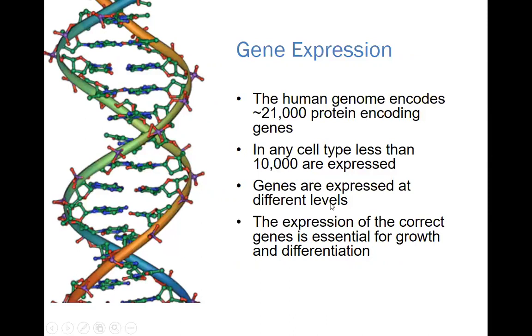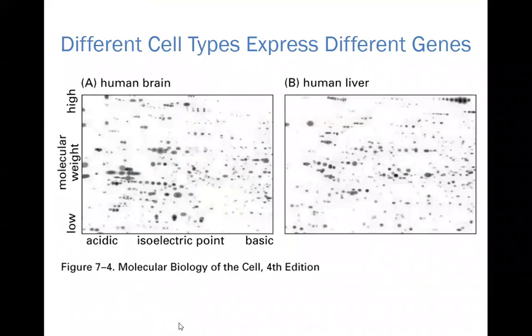So in humans, we have 21,000 protein coding genes, but we usually have less than 10,000 expressed. And this is a two-dimensional gel of proteins from the same human, but from different tissues. How those 2D gels work is we extract all the proteins from the cells, in this case from the human brain and the human liver.